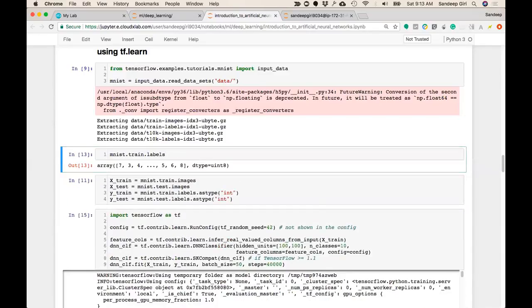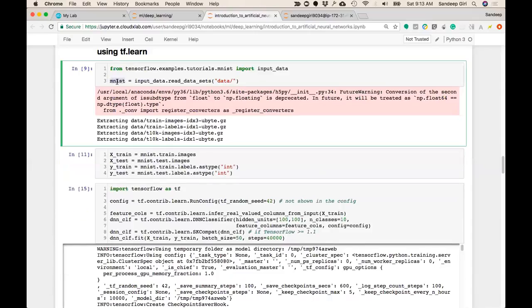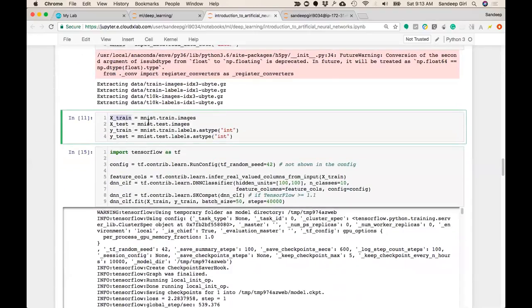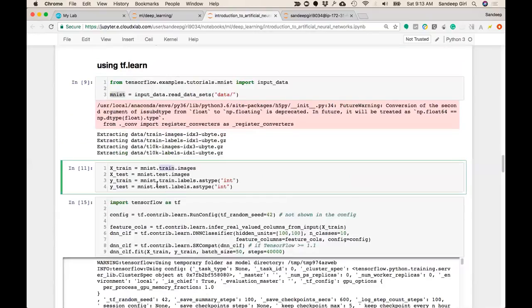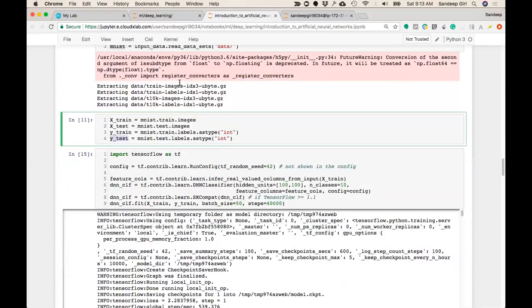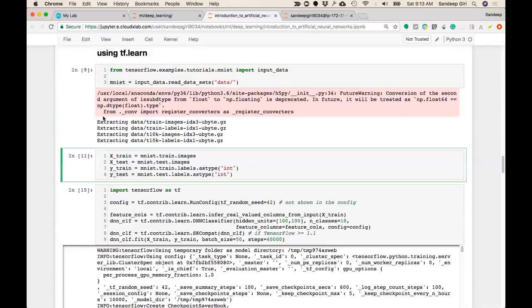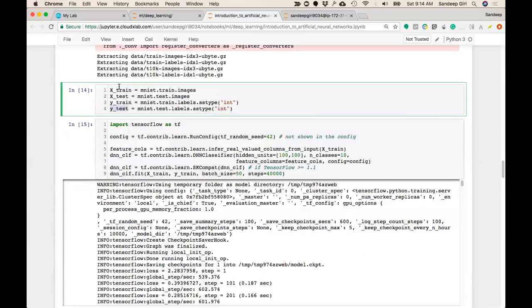So basically this dataset has been loaded and it has all the values. Now let's define train and test. This dataset by TensorFlow provides the xtrain, xtest, ytrain, and ytest. So let's load those values. Now we have the training data, testing data, and training labels and testing labels. We will basically train our model using training data and test using test data.